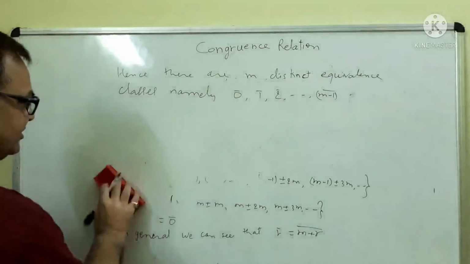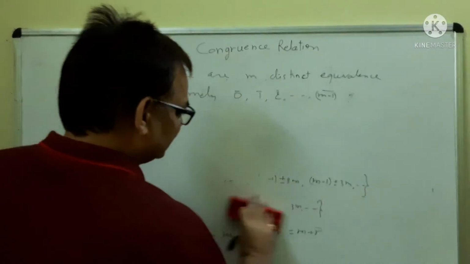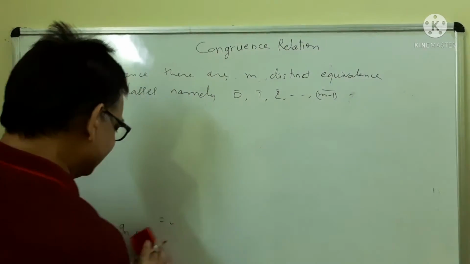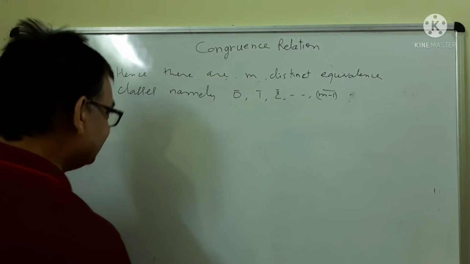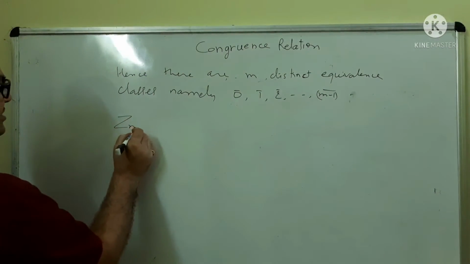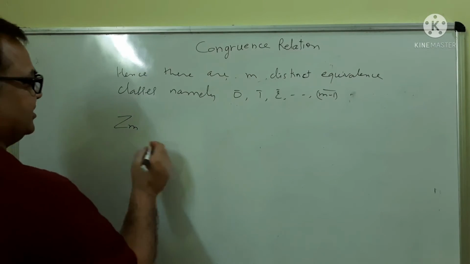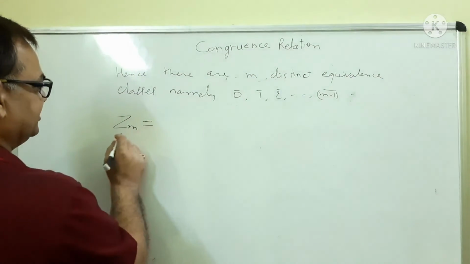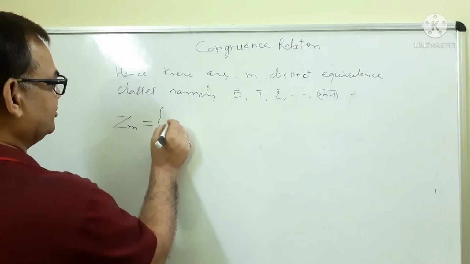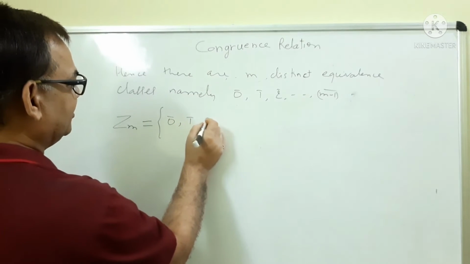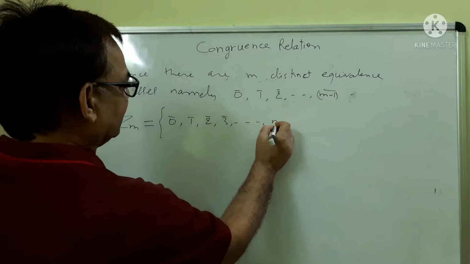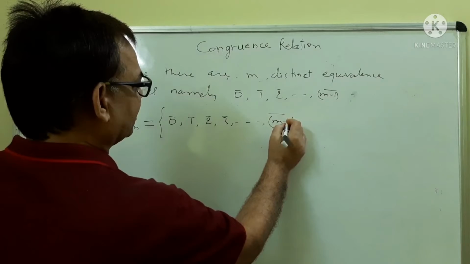The set of all equivalence classes for this relation is denoted by Zm, and Zm is equal to {0 bar, 1 bar, 2 bar, 3 bar, ..., m minus 1 bar}.